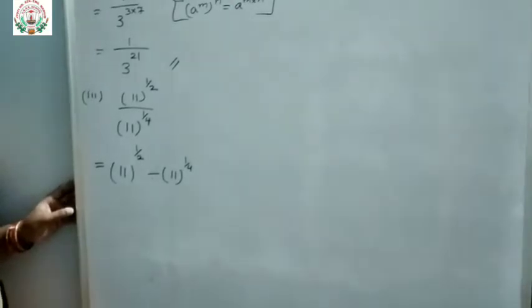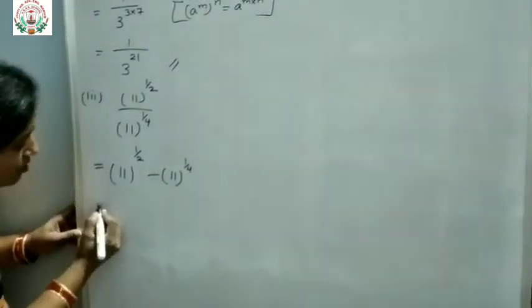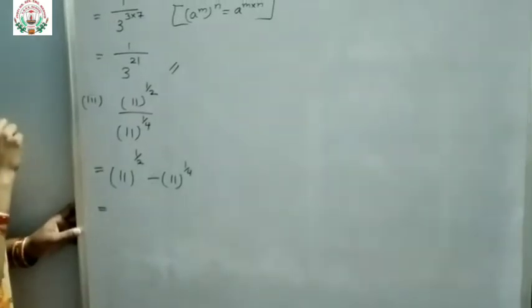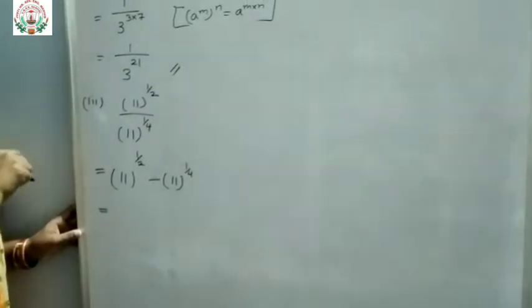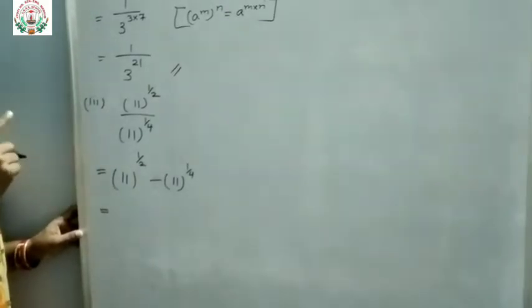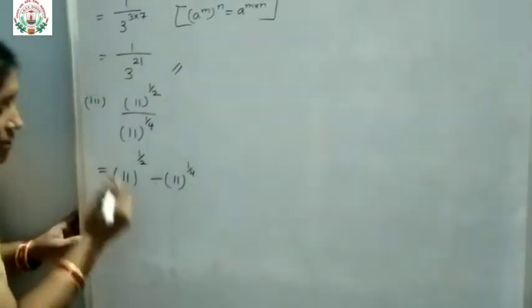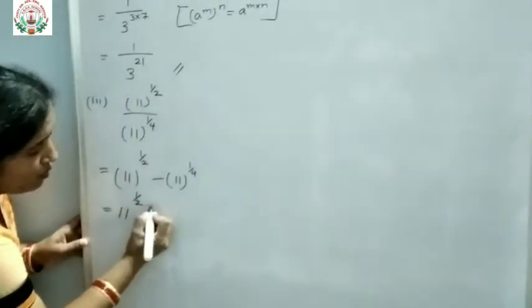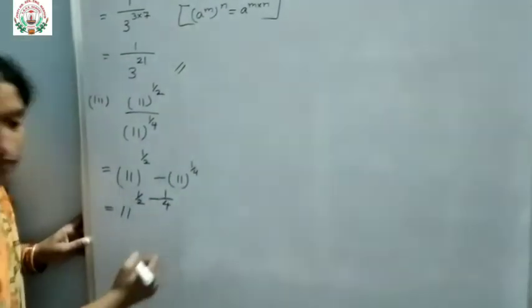Now we know that division means what? Which rule? A to the power m upon a to the power n, what will it be? A to the power m minus n. Remember that formula? So here, 11 to the power 1 upon 2 minus 1 upon 4.